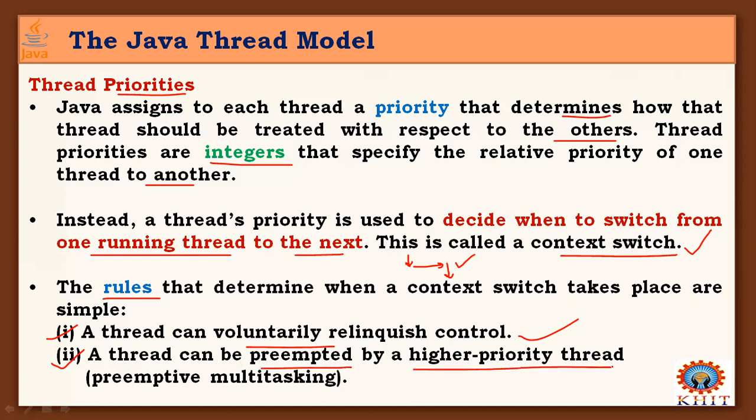When any thread is executing on the processor, if a higher priority thread comes for execution, the processor stops the current thread, terminates it or moves it to the blocked state, and the higher priority thread is switched in for execution. That is the concept called preemption. Forcefully, we are stopping the current execution and switching a higher priority thread in. This is called preemptive multitasking.